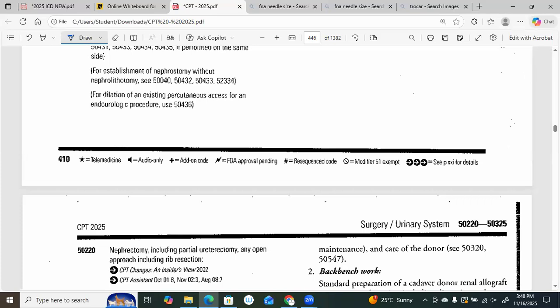After the renal biopsy, we have the next section for nephrectomy. The codes for nephrectomy are based on how much kidney has been removed. It's partial or complete, and whether any procedure is performed on the ureters in conjunction with the kidney, as well as bladder cuff procedures.